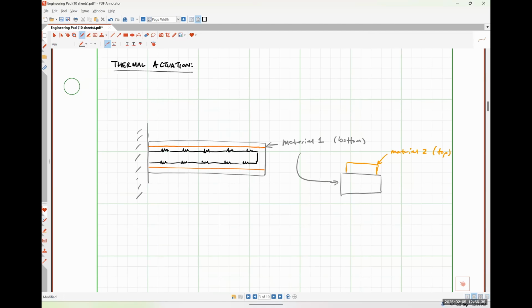When we pass current through those wires, we are going to have conduction between the wire that is deposited into material 1, generating heat, and that's also going to conduct heat into material 2, and it's going to cause both of those beams to deflect, and the deflection is going to be governed by the thermal bimorph principle that we talked about when we were dealing with thermal sensing.